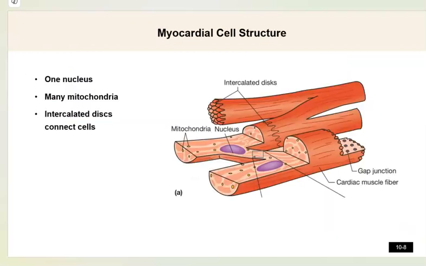Then we get into the myocardial cell structure. Unlike the skeletal muscle, which consists of multinucleated long muscle fibers, the cardiac muscles are relatively short, cylindrical, and mononucleated cells.